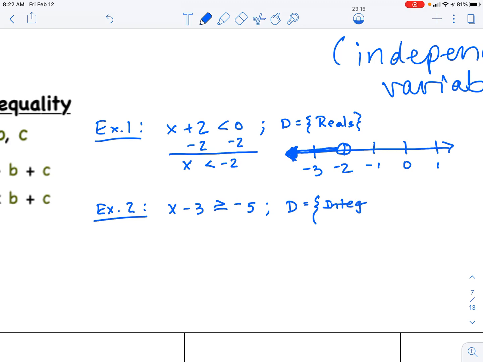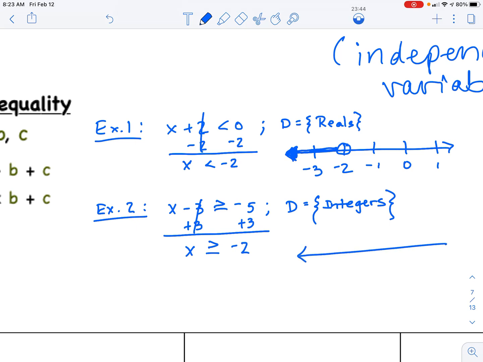Now remember, integers are all the whole numbers and their opposites, which would be all the negative numbers, and 0. Okay, that's really important to know. They're not asking for positive integers here or negative integers. They're asking for all integers. So whatever we end up with as our solution here, we have to be careful how we graph this. So let's add 3 to both sides. We end up with x is greater than or equal to negative 2.